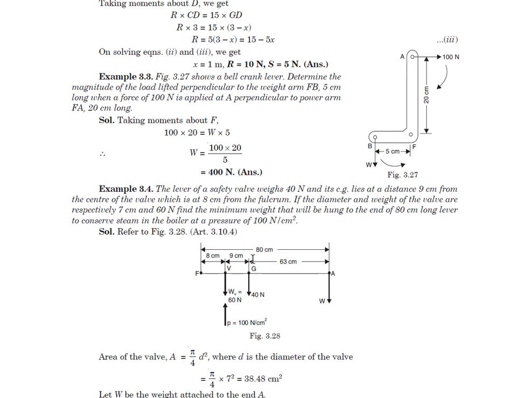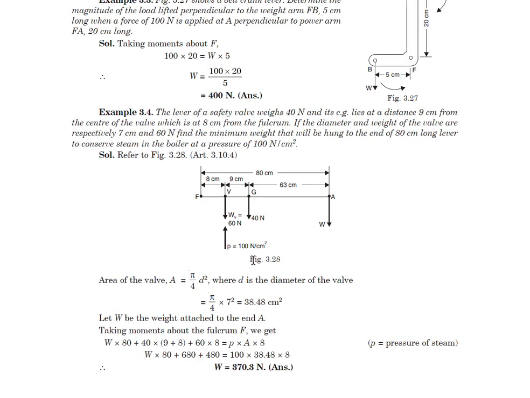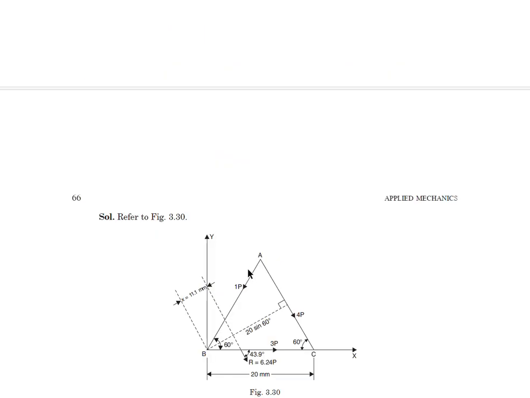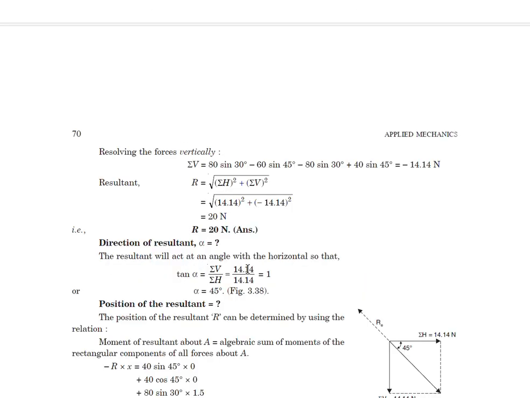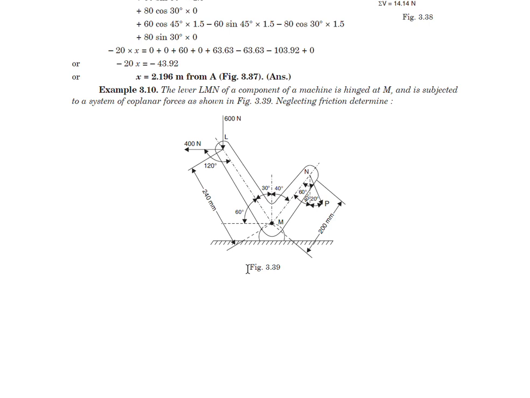Okay, and let us move next to example 3.10. Now, in this example, which states like this, the lever LMN of a component of a machine is hinged at point M and is subjected to a system of coplanar forces as shown in the figure 3.39.